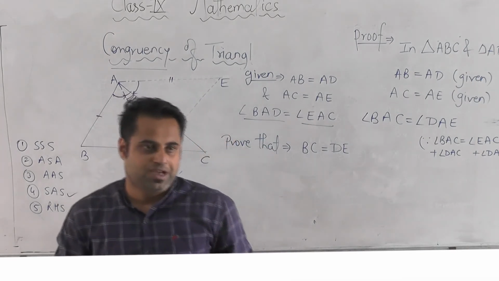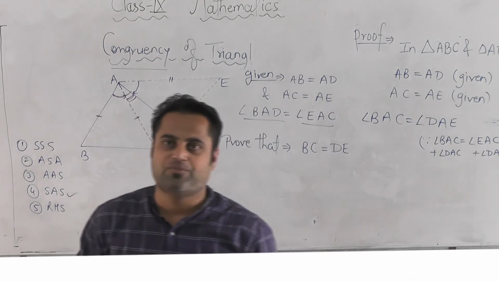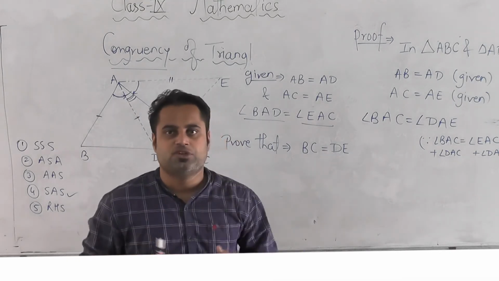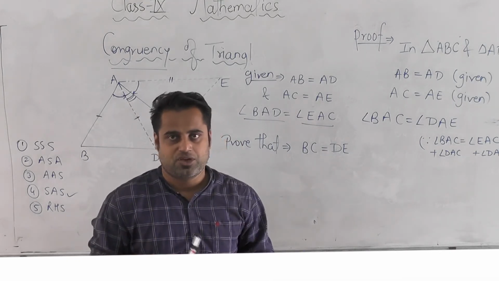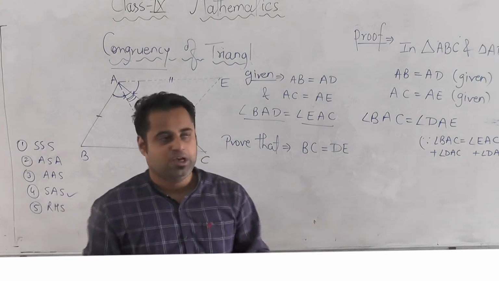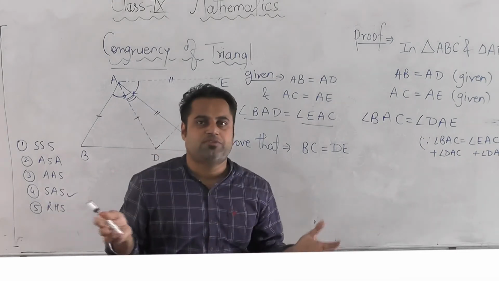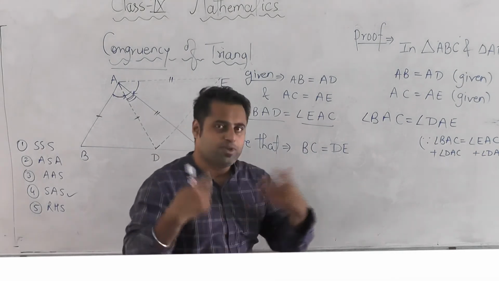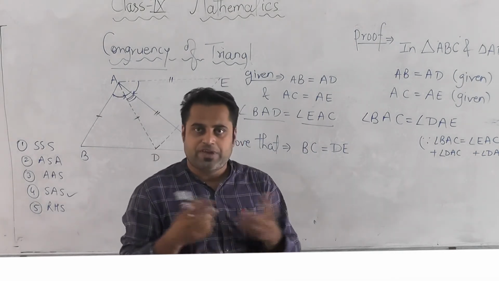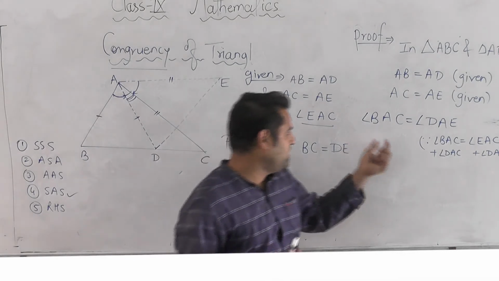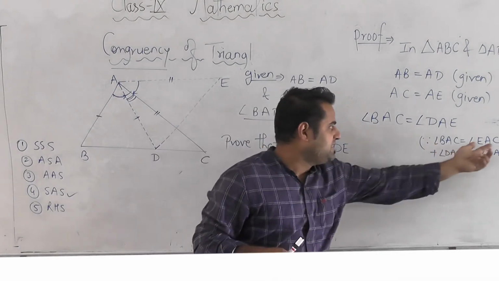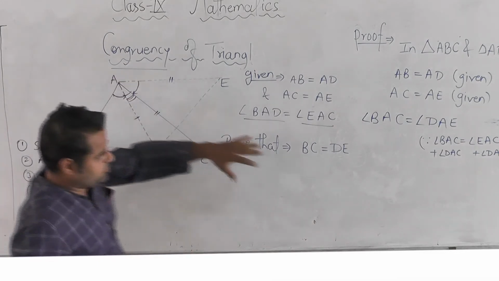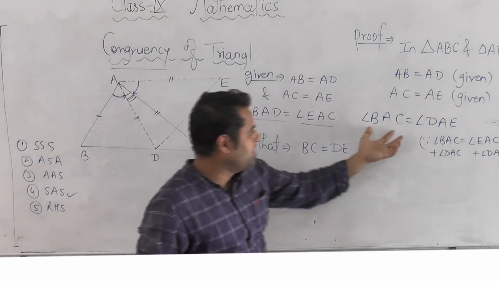This is one axiom also in our chapter number 5. And that property you already used in your previous classes in 8th, balancing both sides. Whenever we are balancing both sides, we are adding the same thing on both sides, which are already equal, so this will be equal again. So here, we added this equal angle in both, so that this whole angle becomes equal.